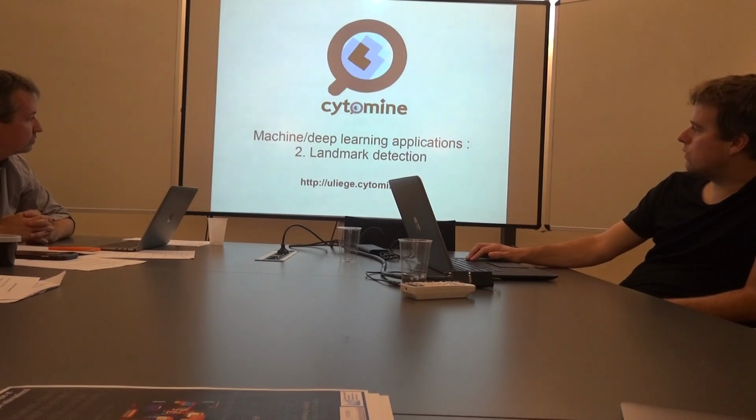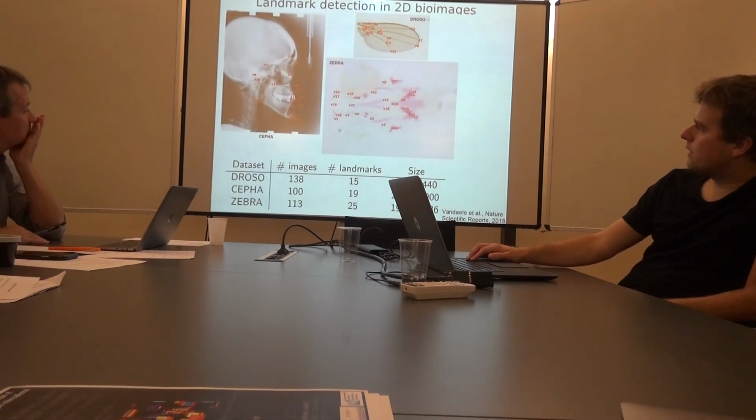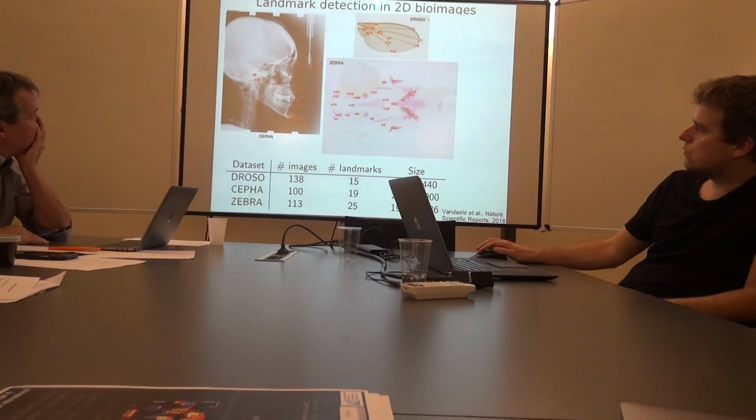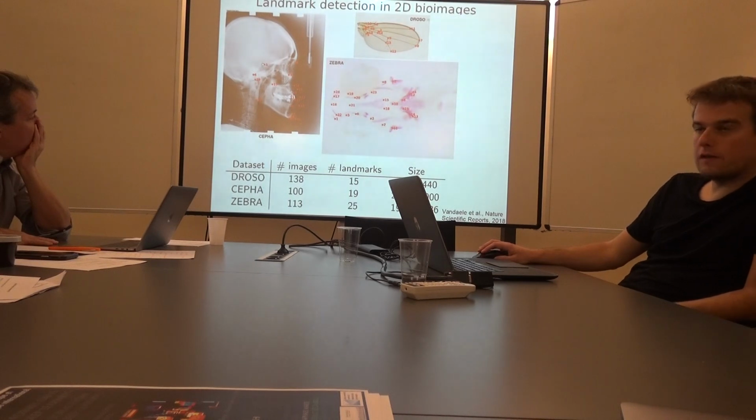Another task that we worked on is what is called landmark detection. And so very briefly, in this task, the goal is to detect some anatomy in this type of biomedical images. The goal is to detect anatomical landmarks. And so what we have developed is tools that again need expert annotations.